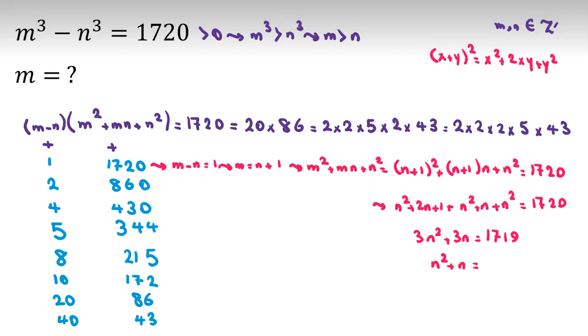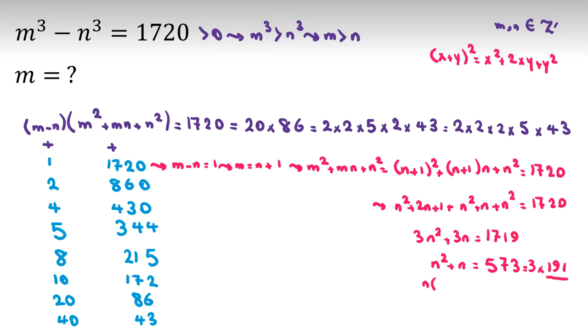It should be a multiple of 3, and we will see it's a multiple of n squared plus n. Divide by 3, it will be 573. If you prime factorize, it will be 3 times 191, and 191 is a prime factor.